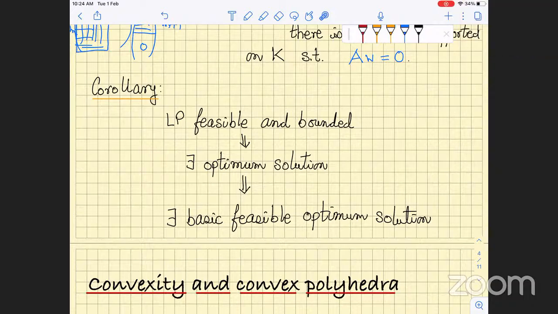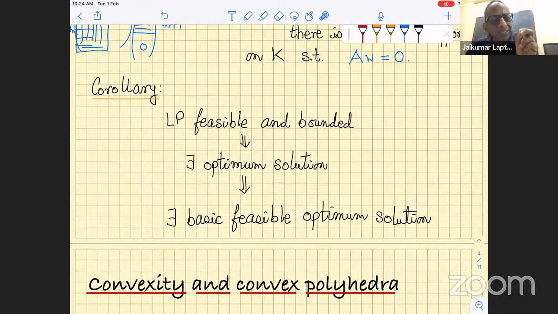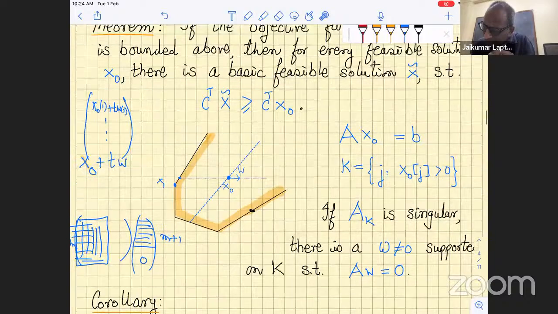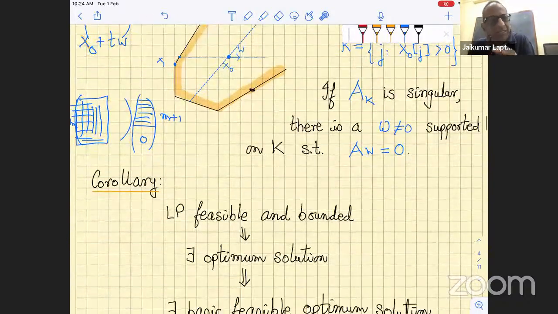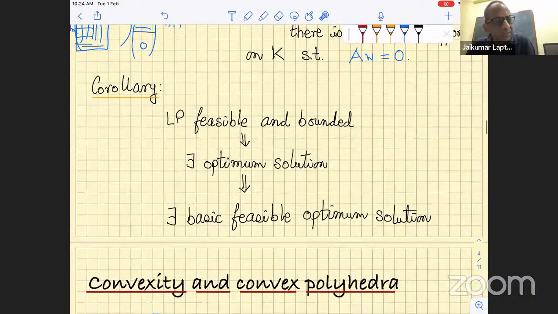But what do we know? Whenever there is a feasible solution, there is a basic feasible solution which does at least as well. That's what we proved. Now we don't need compactness or closedness. What can we say?